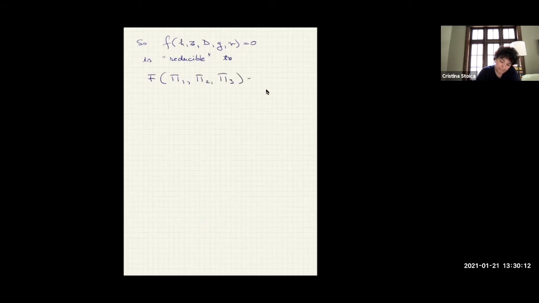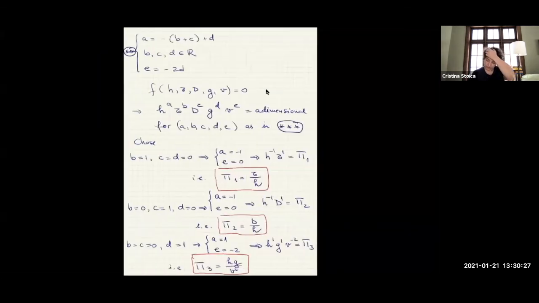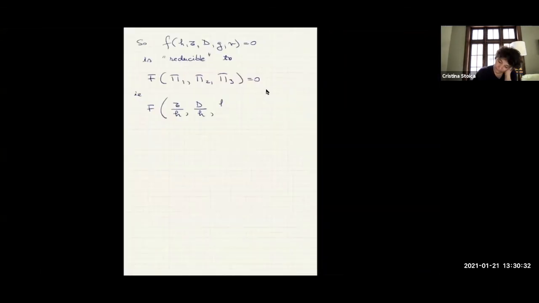So now I'm going to put f in. So the first pi 1 was tau over H, D over H, right? And the last one, Hg over V squared, equals 0, okay. And now solve for Hg over V squared.